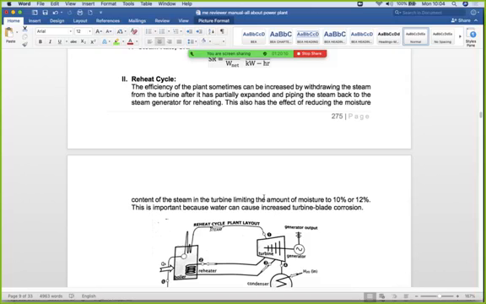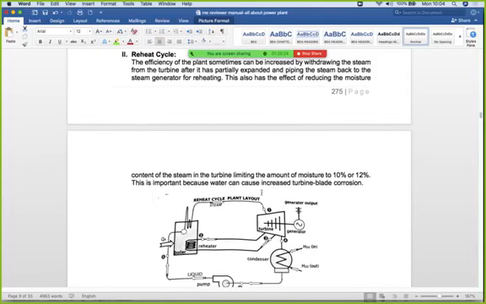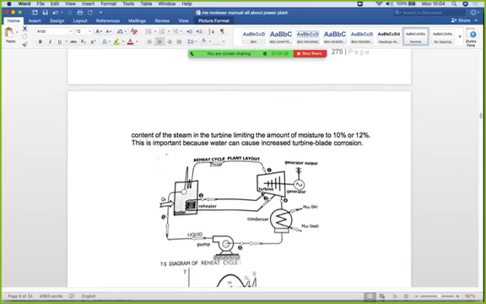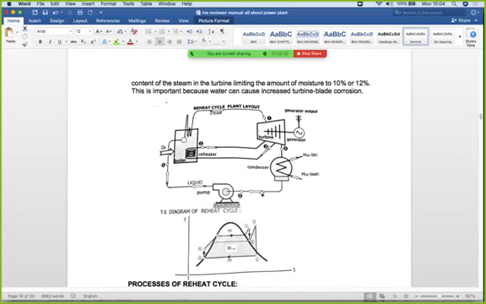There should be 0% moisture. Otherwise, it will create corrosion and pitting to the turbine. So this is important because the water can cause increased turbine blade corrosion. So the process of reheat also has the function of removing the moisture.